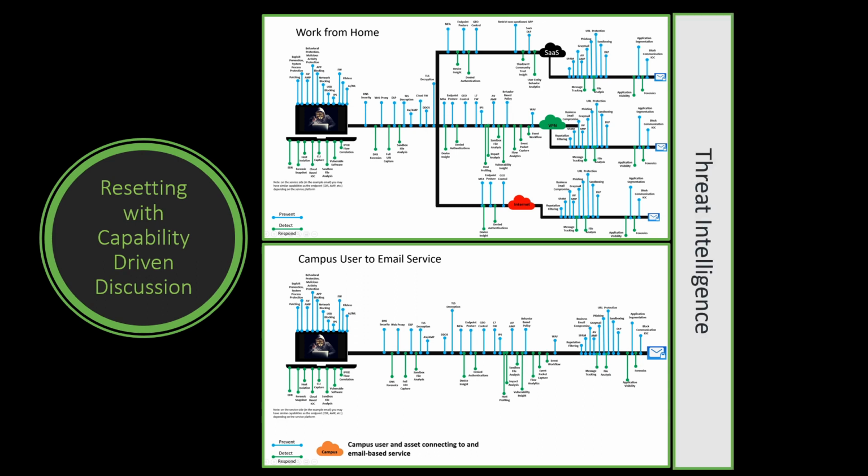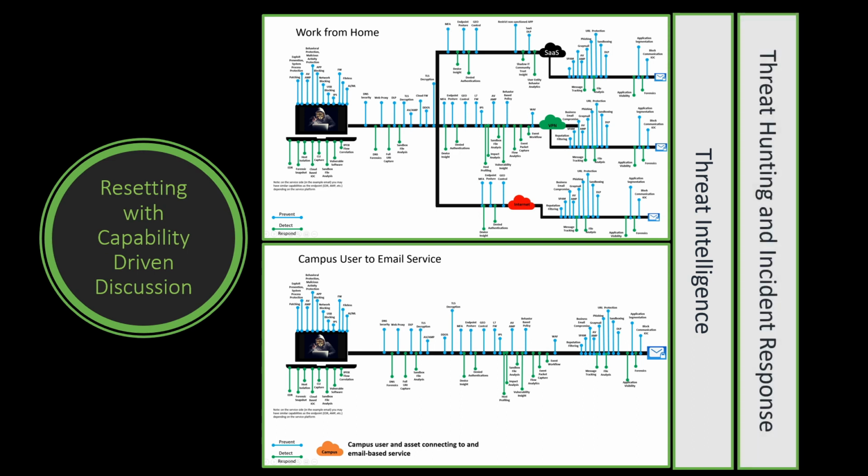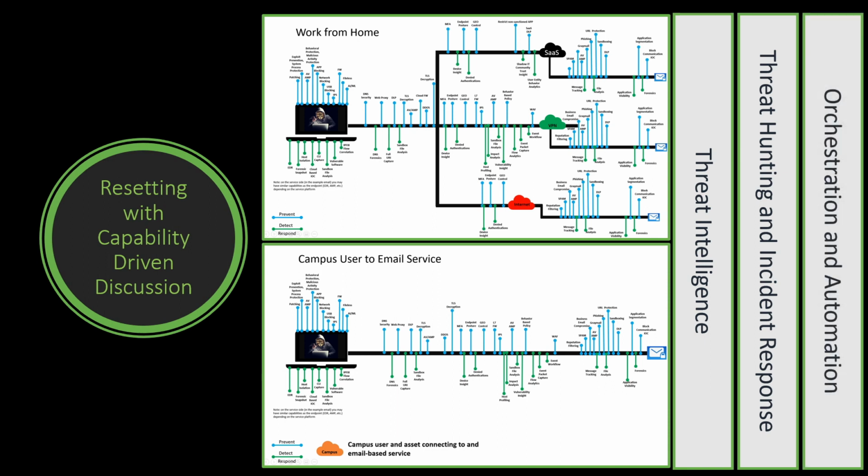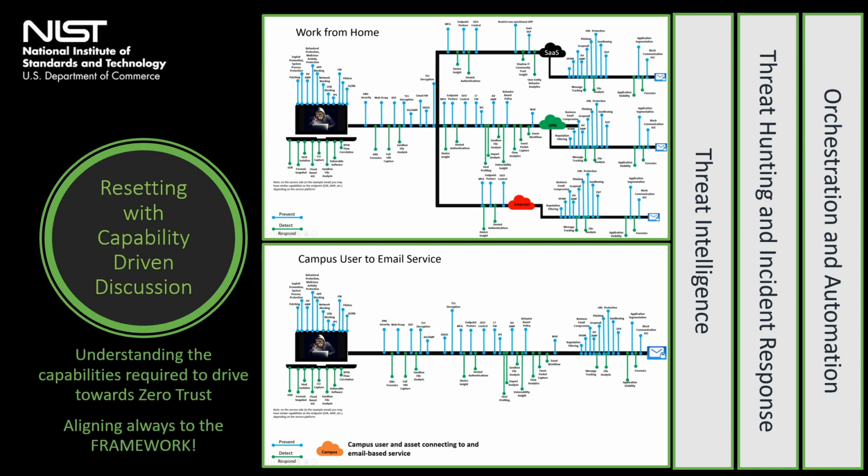And then what we want to do is wrap this up and ensure that we don't lose sight of the bigger picture with threat intelligence, threat hunting and incident response, and orchestration and automation, because fragmentation's the enemy of security, right? Complexity is the enemy of security. And so if we break these up into silos and look at them from a point product perspective, we could get ourselves in trouble. So always go back to understanding the capabilities required to drive zero trust outcomes. So align to that framework.